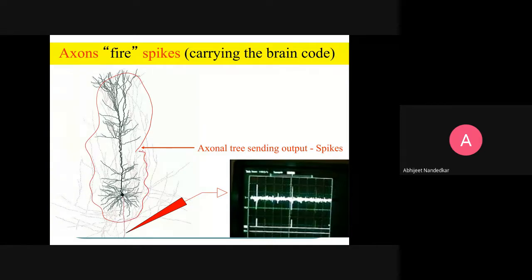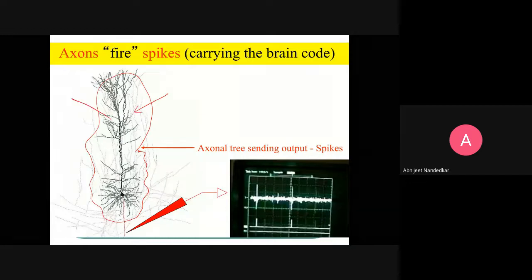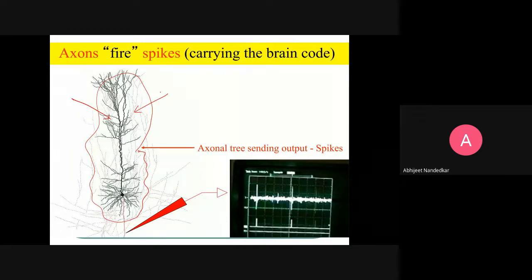So here the things are coming from other neurons. Say it's like input to this neuron.